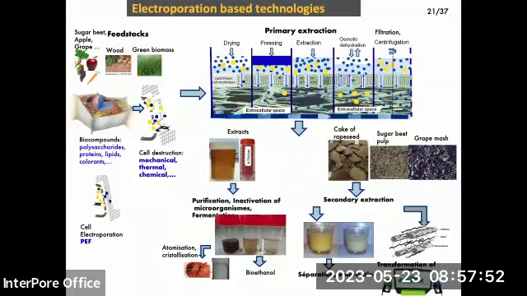So in this case, you can see the whole biorefinery, but it depends on the pretreatment. If pretreatment is more selective, then all downstream processes can be modified.